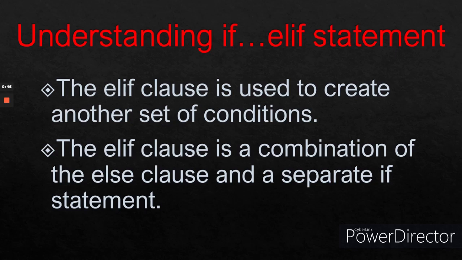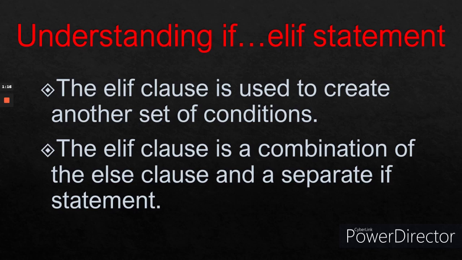In this case, the elif clause is used to create another set of conditions. The elif clause is a combination of the else clause and a separate if statement. So this is the order of the conditionals. First comes if, then elif, and then else.